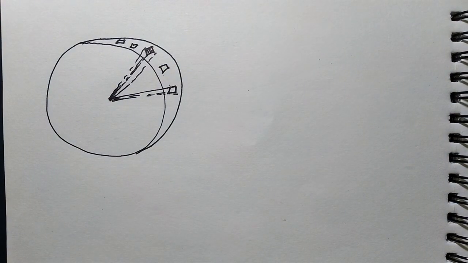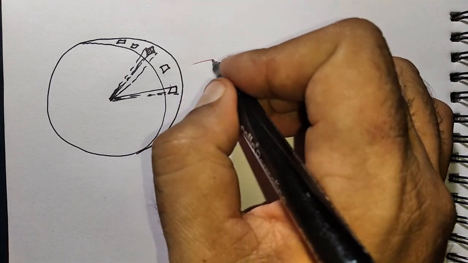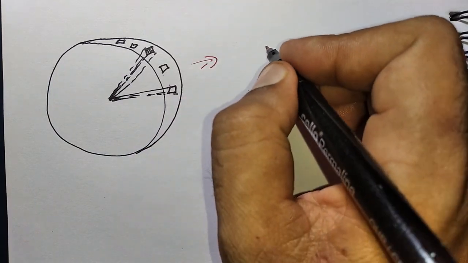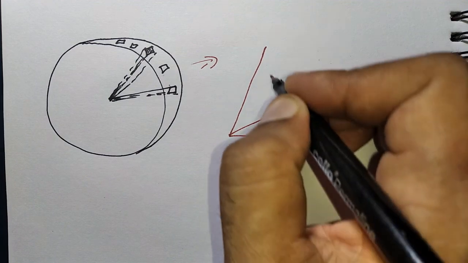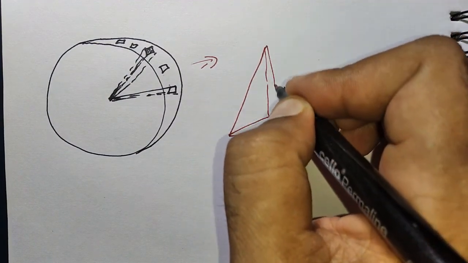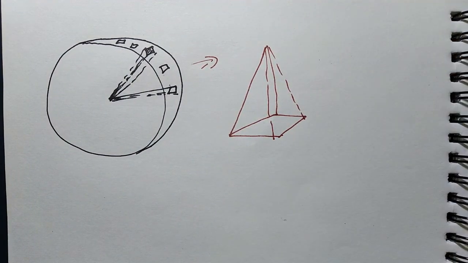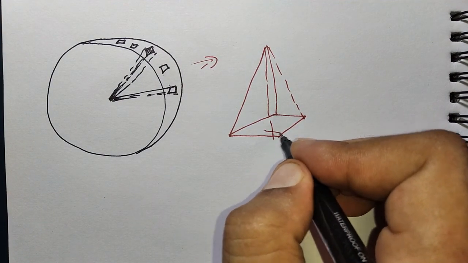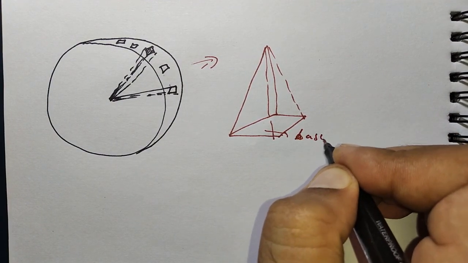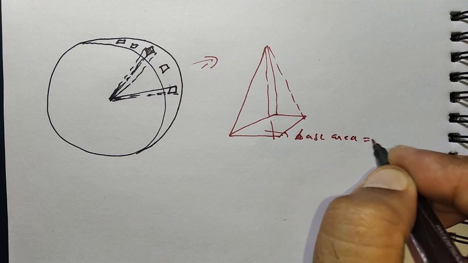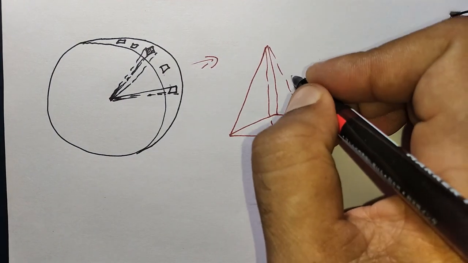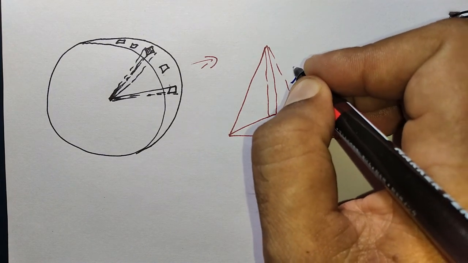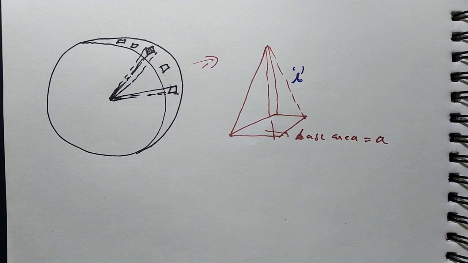Then each segment will be like a cone. Each segment is like a cone with this as the base area, you can say A, and this as L, that is the lateral side.